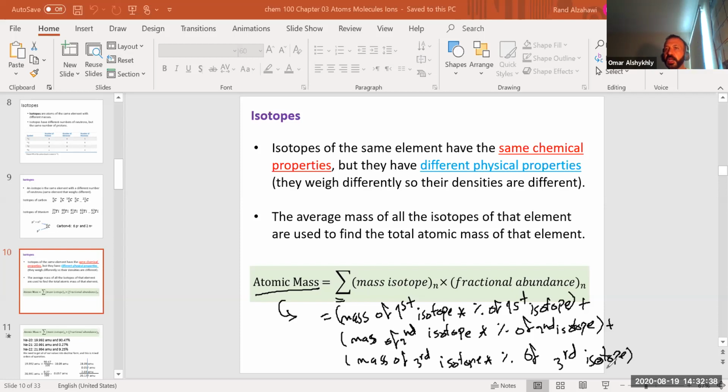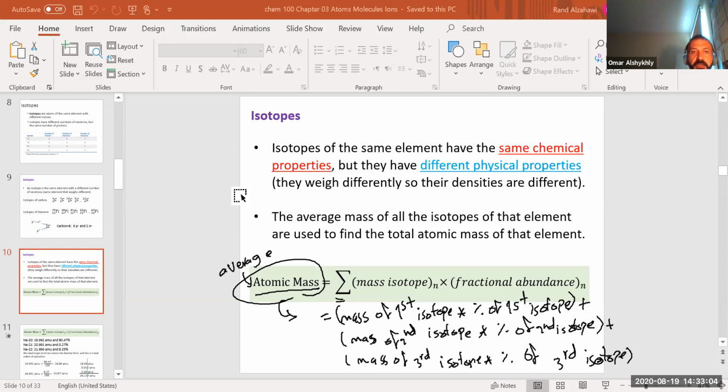If you have 4, you will add for the 4, 5, 6, whatever it is. Do the math, and you will get the average atomic weight, average atomic mass. This is very important, guys, okay? And definitely, we will have some question in the homework, the quiz, or the exam about it. Definitely, this chapter is very important, okay, with these calculations.